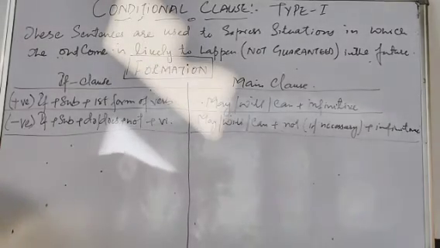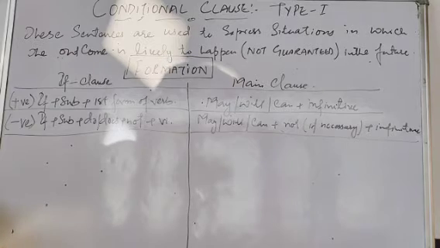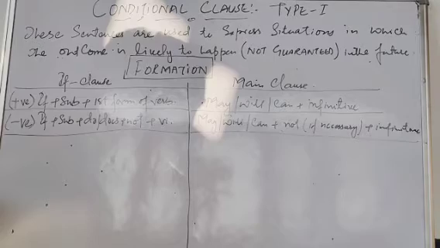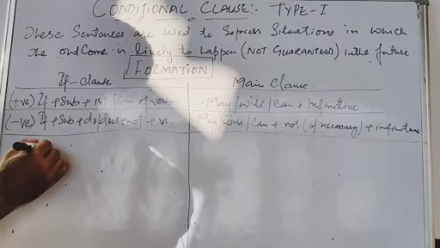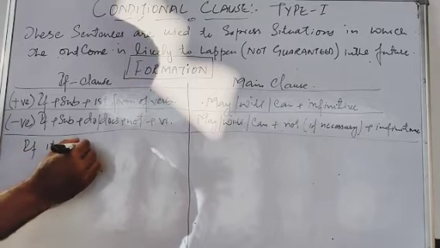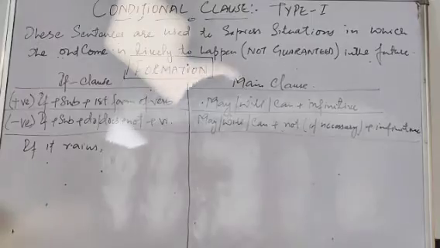Let us give a few examples. For example, the sky is overcast. I am assuming that if it rains, this is a hypothetical assumption.